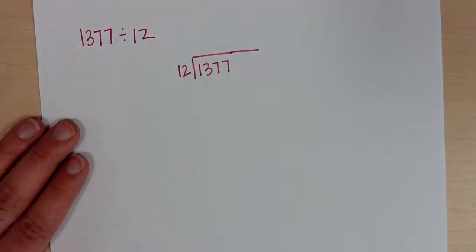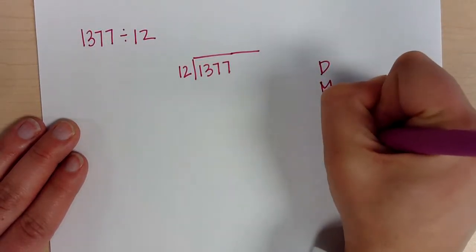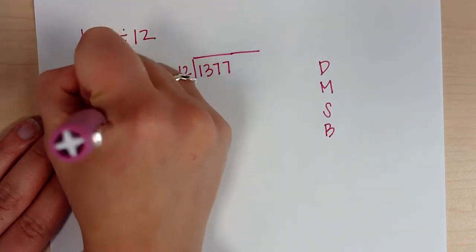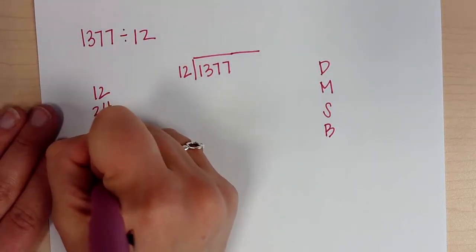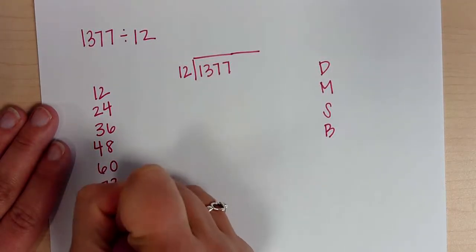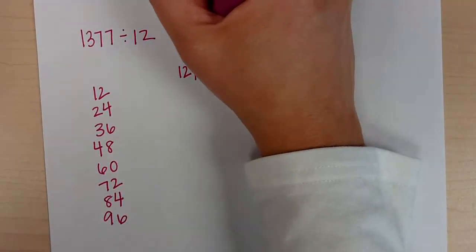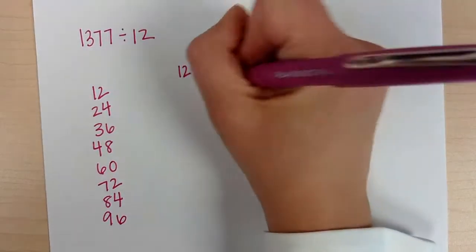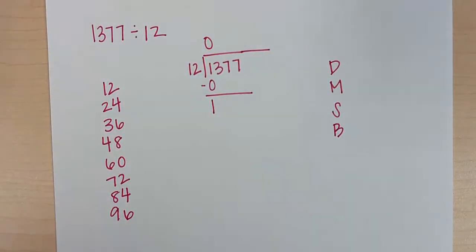Okay, so again, I divide, multiply, subtract, bring down. 12, 24, 36, 48, 60, 72, 84, 96. Okay, 12 goes into 1 0 times. 12 times 0 is 0. 1 minus 0 is 1.